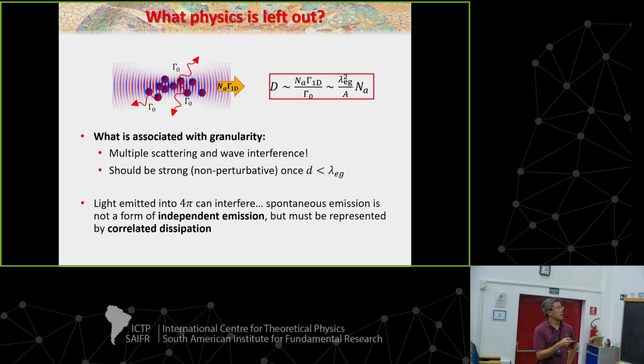So in particular, this assumption that quantum optics textbooks put in by fiat, that if you have an excited atom, it's going to emit into 4 pi at a fixed rate of gamma naught, which you can never change, that cannot be true. Because if you accept that the emission of energy in the far field contains wave interference effects, then from the atomic point of view, that means that the dissipation has to look correlated rather than independent.